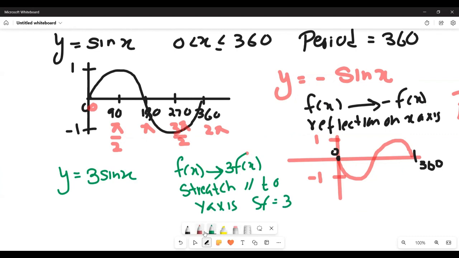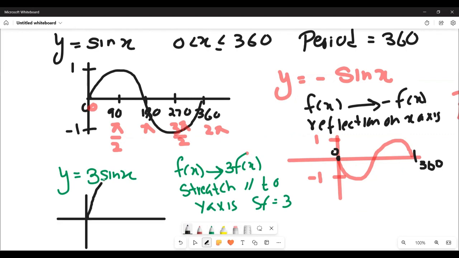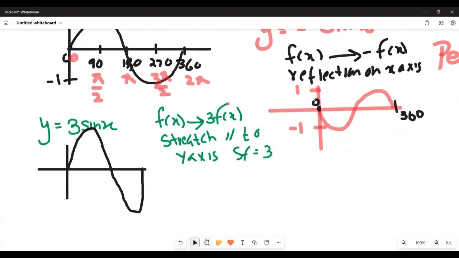So what happens is that this graph stretches along the y-axis with scale factor 3. Nothing happens at the x end, and the graph just becomes taller. This is a bad attempt at a sine graph. Let me try again. So the graph would now be like this.